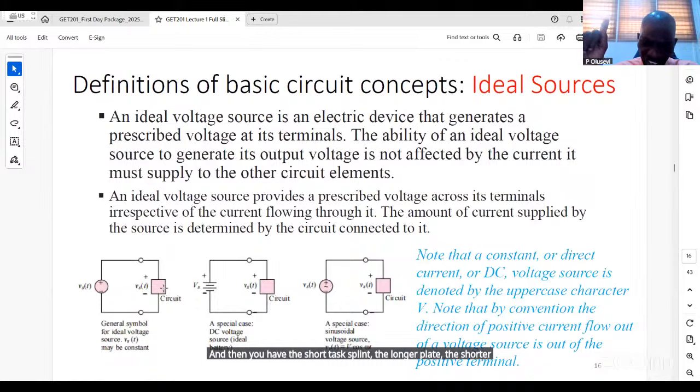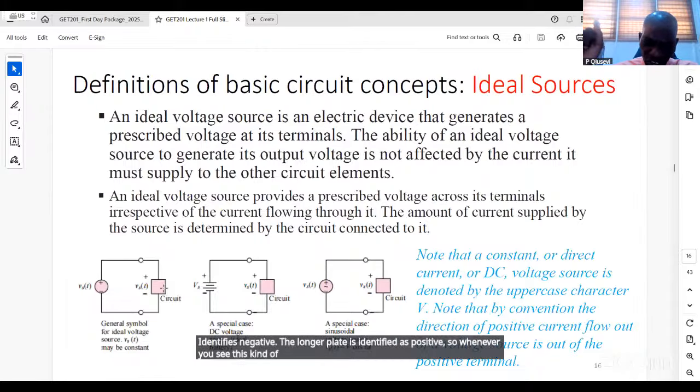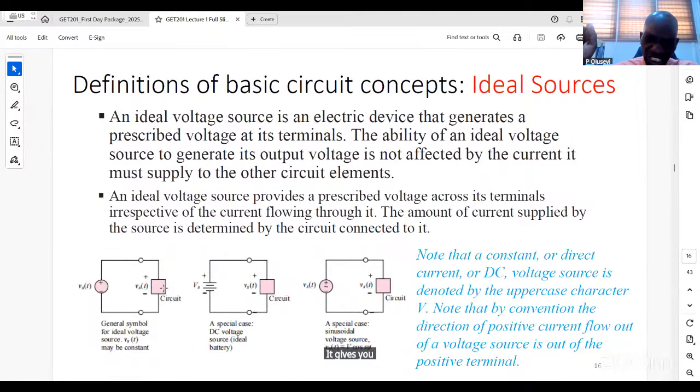Whenever you see this kind of longer plate, shorter plate arrangement, it gives you the impression that you are dealing with DC, another name for which is direct current. So you are dealing with a direct current voltage source, and it is called an ideal battery.